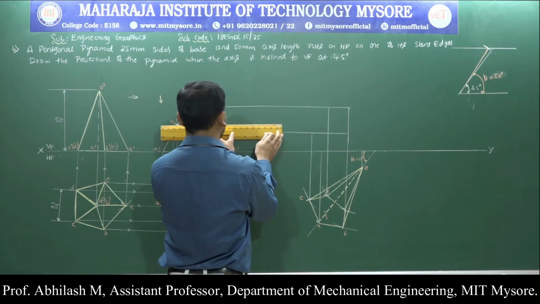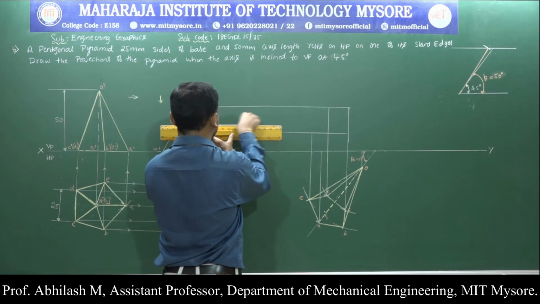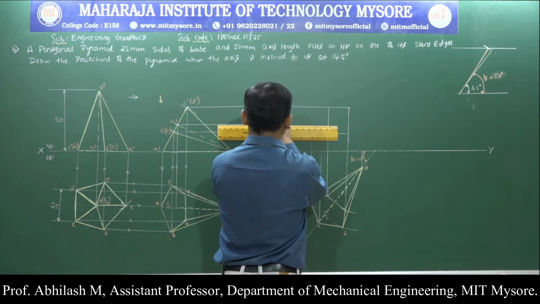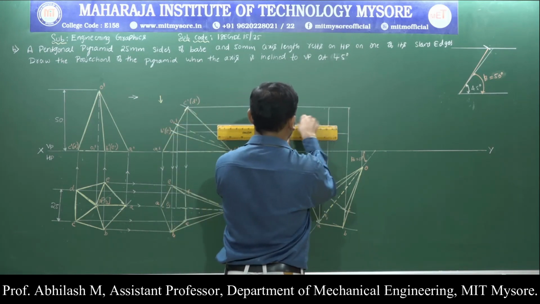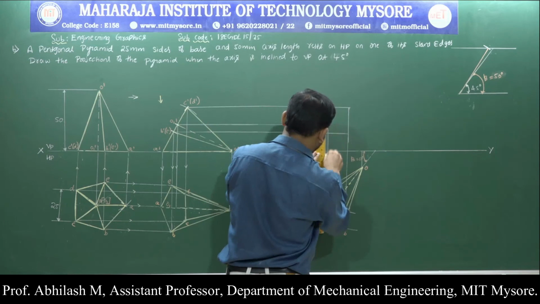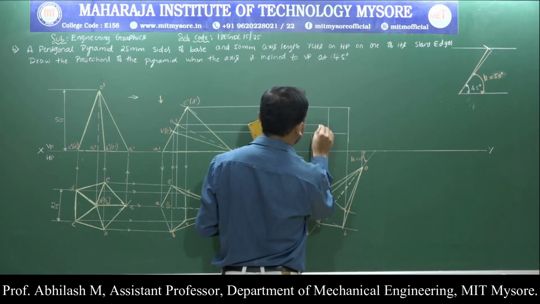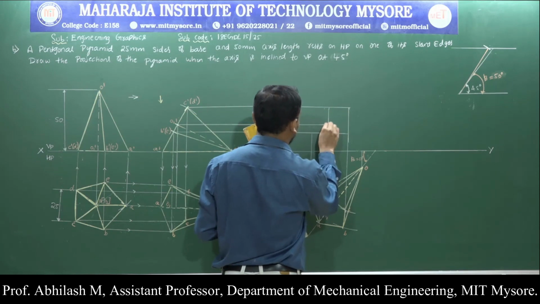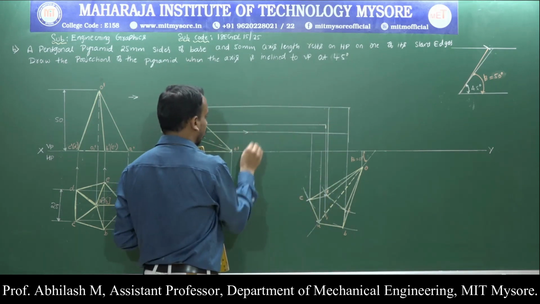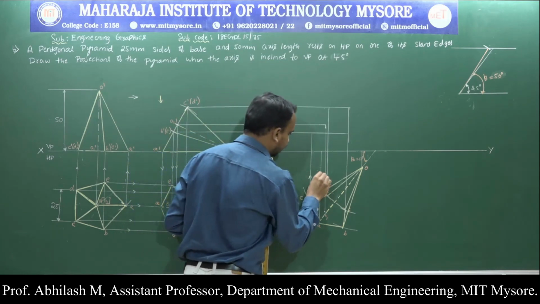From O1 dash we are supposed to draw the projection line in order to identify the O1 point. We have transferred all the projection lines from the respective points.